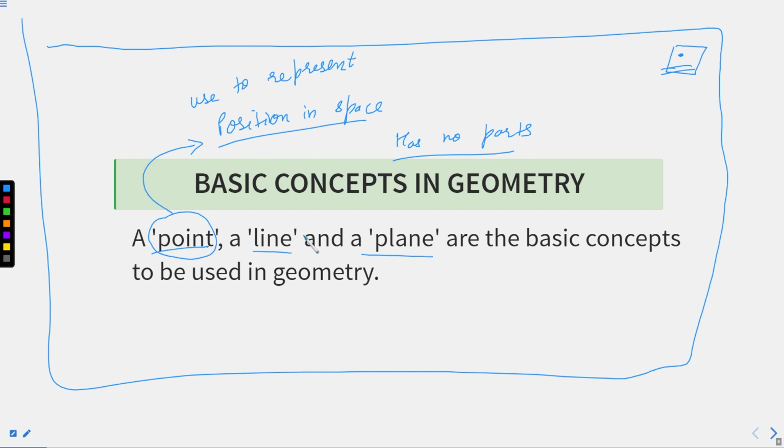Now, what is a line? A line is a one-dimensional thing.